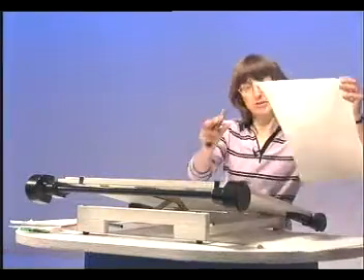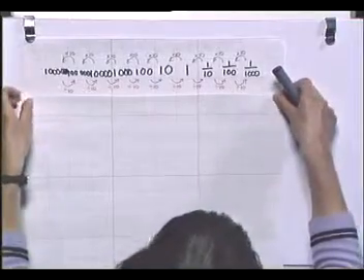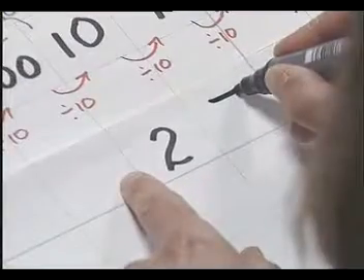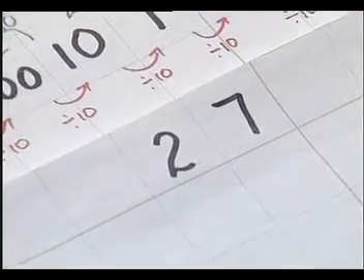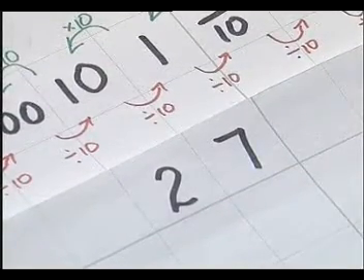Okay, let's have a look at putting some numbers in our place value system. Let's just put the chart on there. Okay, let's have a look at the number 27. Number 27 is going to be 2 in the tens column and 7 in the units. 531.